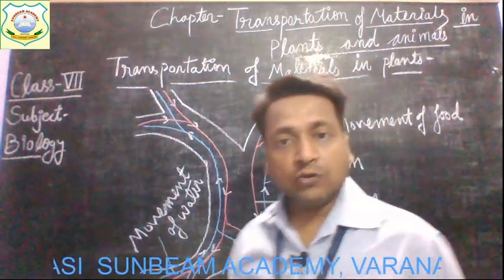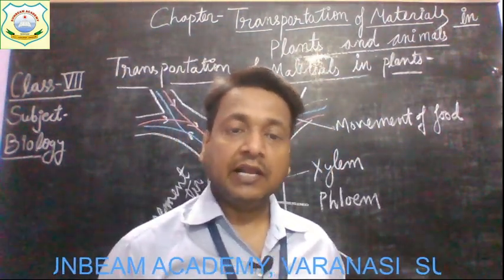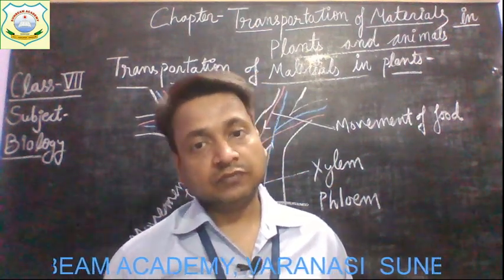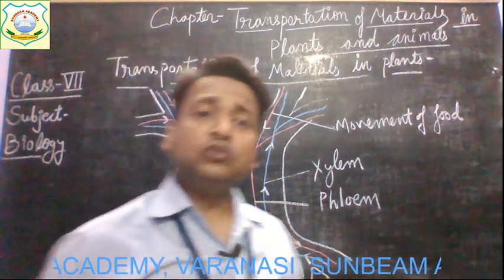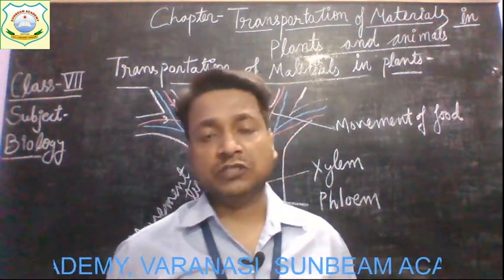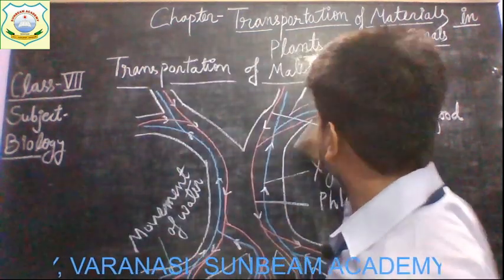Okay, so these arrows show the transportation of the material in the plant's body through the xylem and the phloem. Most plants have developed a transport system, which is called a vascular system.